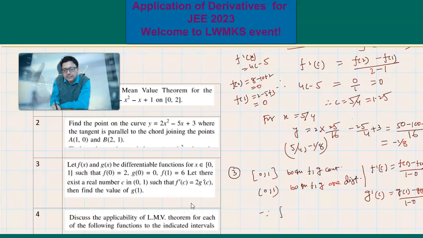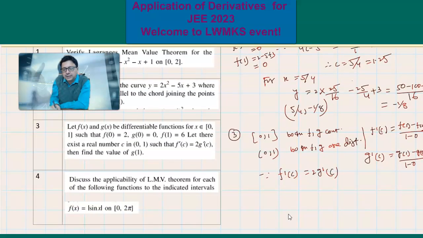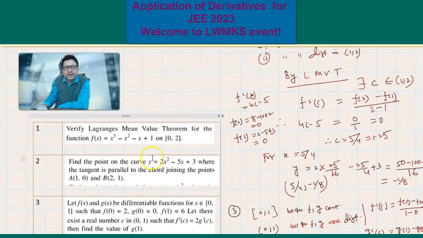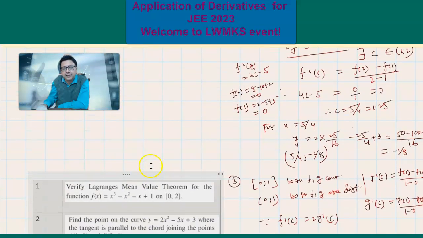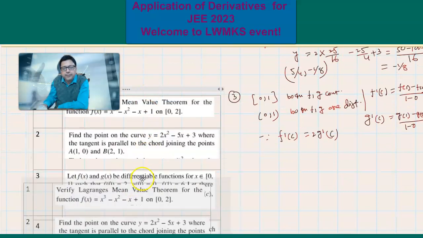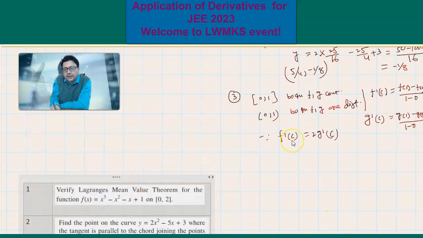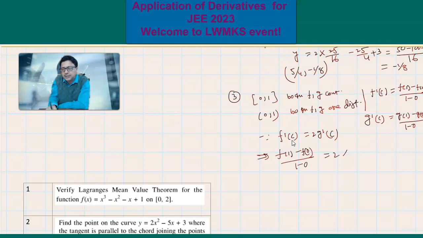Since f dash c equal to 2g dash c, we can put their conditions here. Just put the value of f dash c first. f dash c is f1 minus f0 by 1 minus 0, and this is 2 into g1 minus g0 by 1 minus 0.